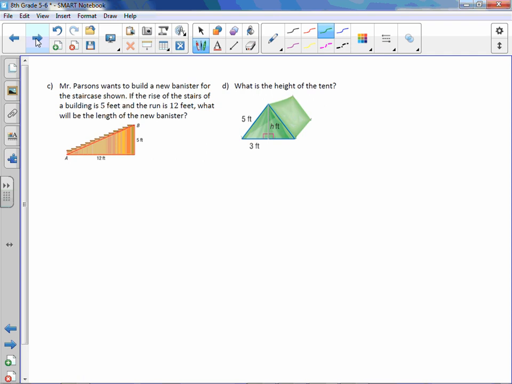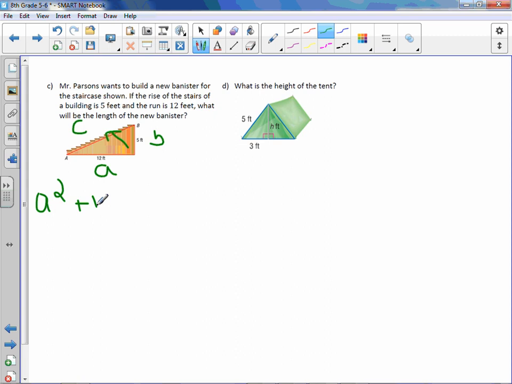Mr. Parsons wants to build a new banister for the staircase shown. If the rise of the stairs of a building is 5 feet and the run is 12, what is the length of the new banister? Here's our hypotenuse.